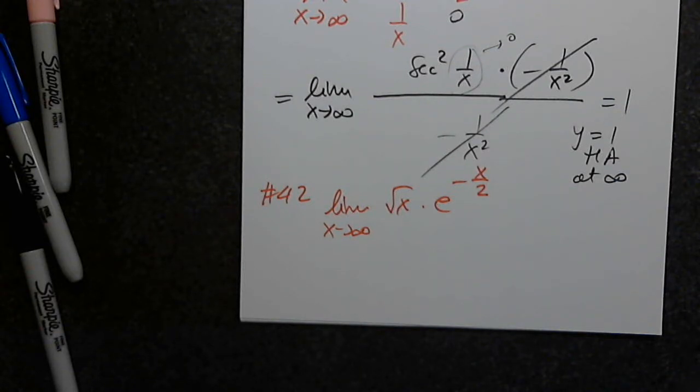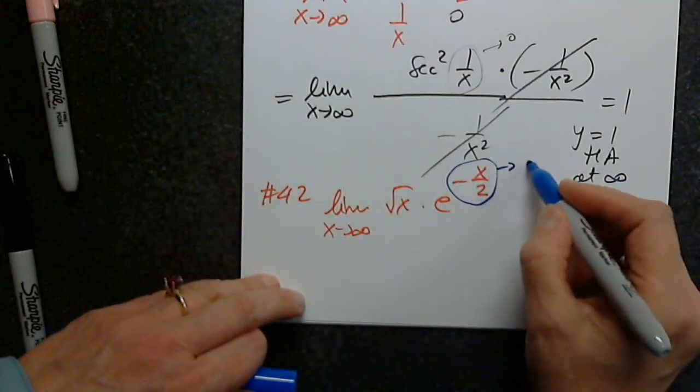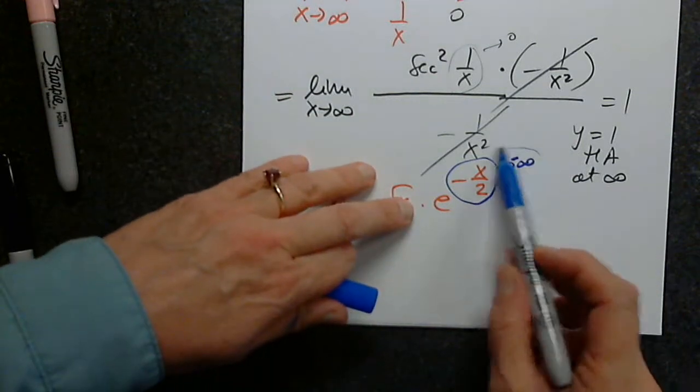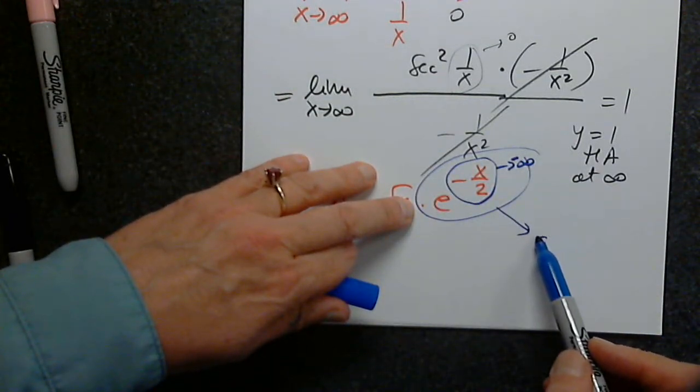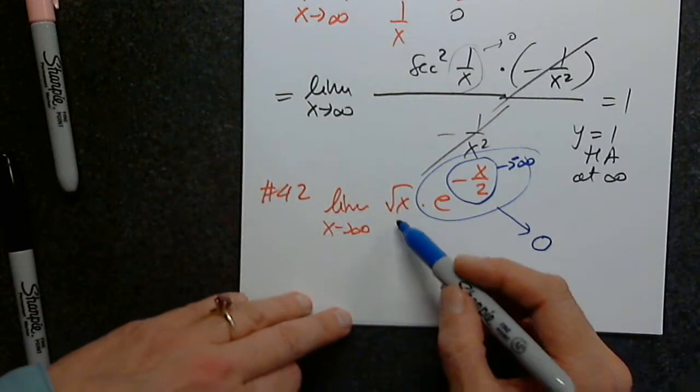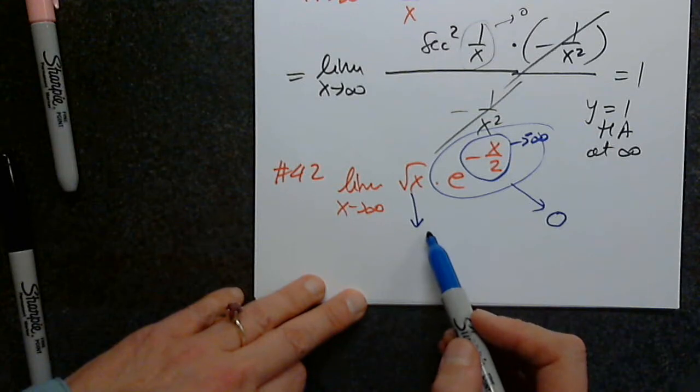When x approaches infinity, where does negative x over 2 go? Perfect. Indeed, this goes to negative infinity. Where does this go? Very good. Where does this go when x approaches infinity?